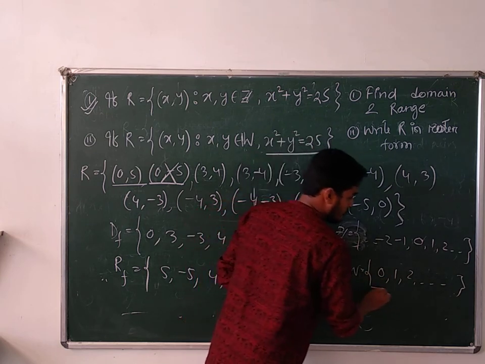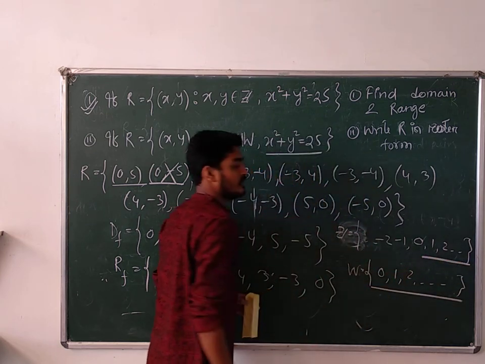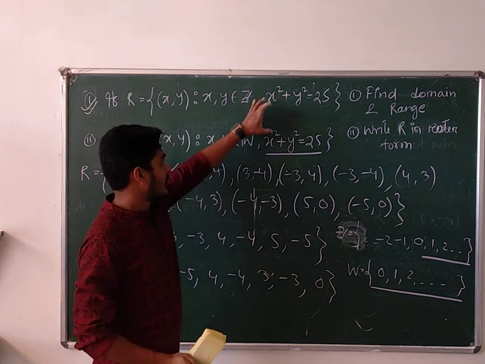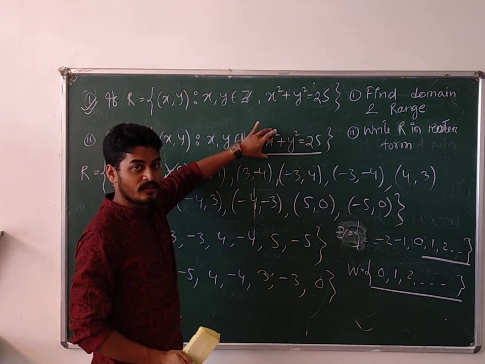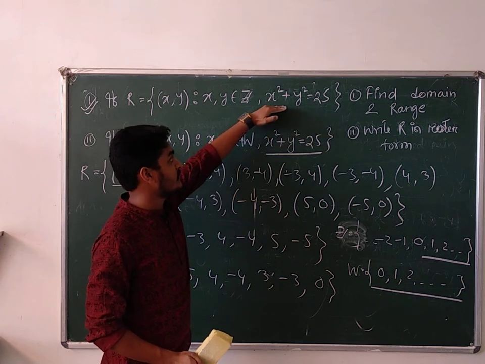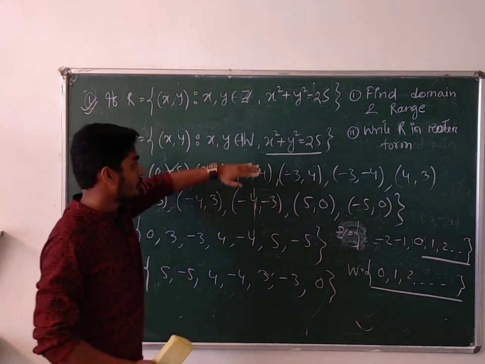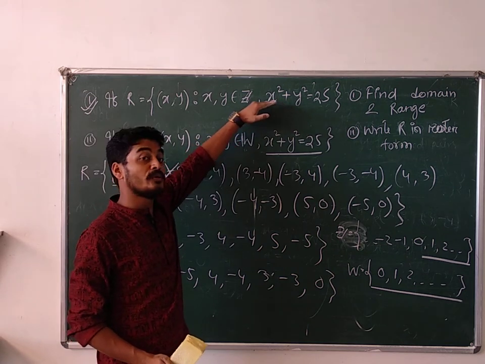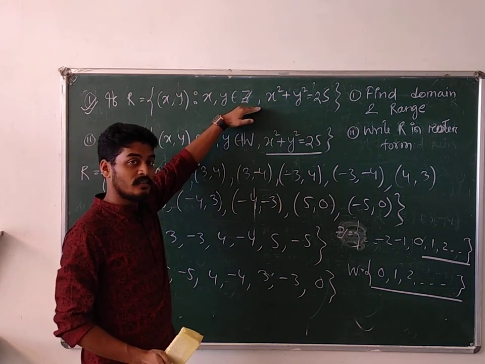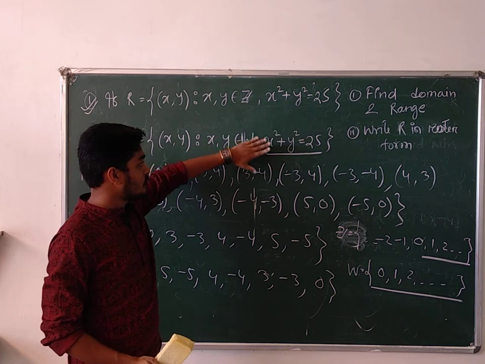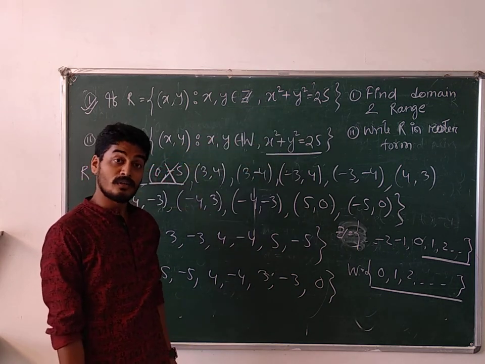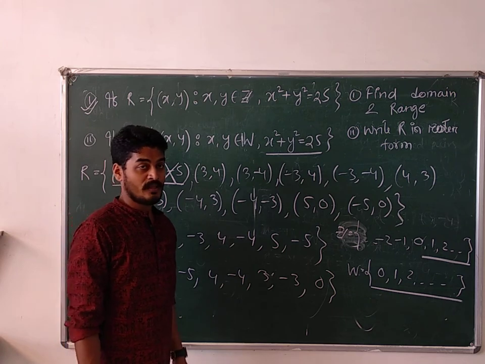Then obviously the set of whole numbers is inside the set of integers. That means, as the condition is same, the ordered pairs which satisfy the condition for integers will be satisfied by the whole numbers also. Now you will find the whole number ones within it.